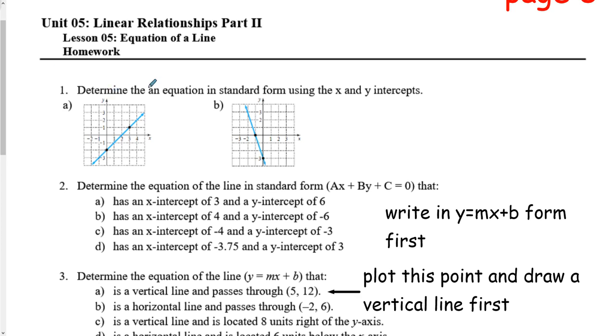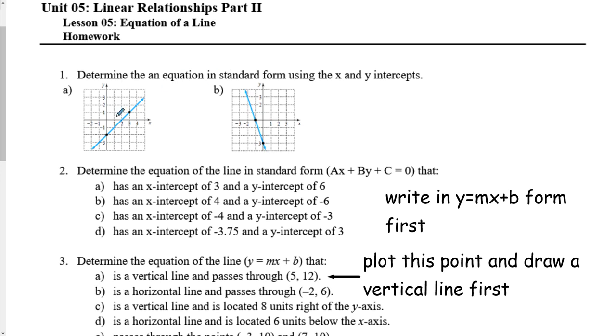For the first question, determine the equation in standard form using the x and y intercepts. You want to start out by writing it in y equals mx plus b form. You're always going to do that. Find the slope between your two dots. It looks like we're going up 1, 2, 3 squares, and we're going across also 3.